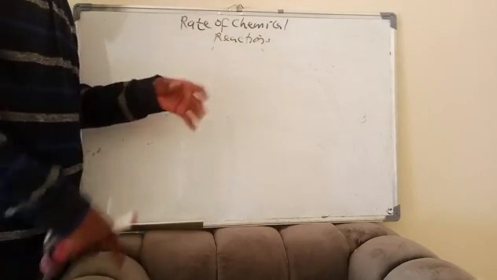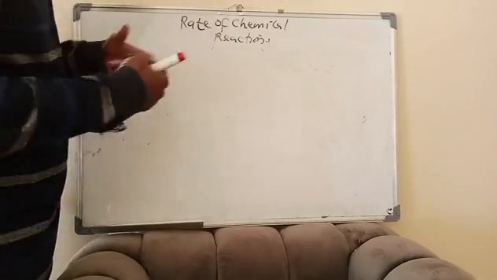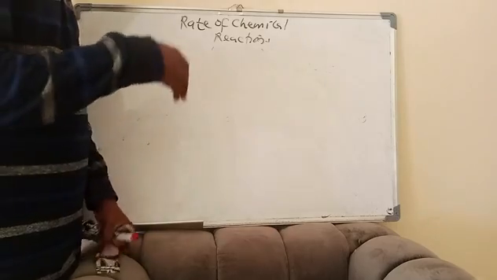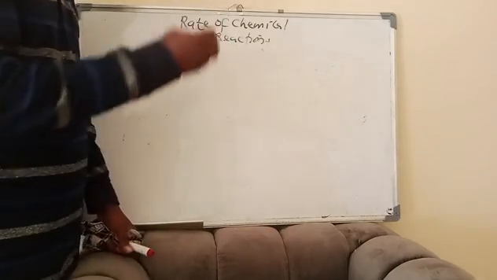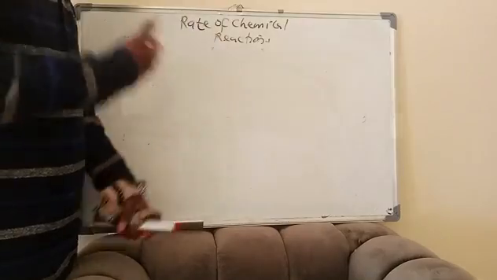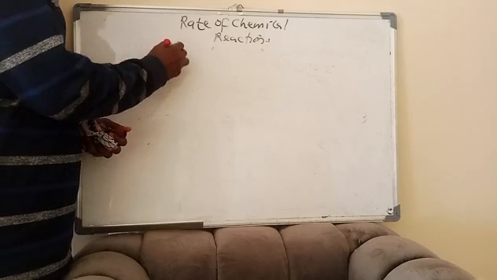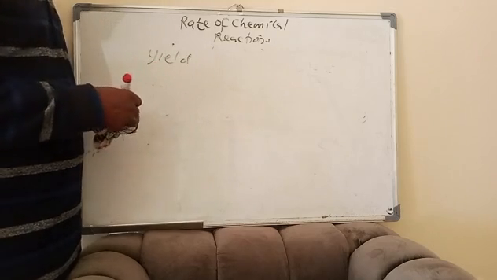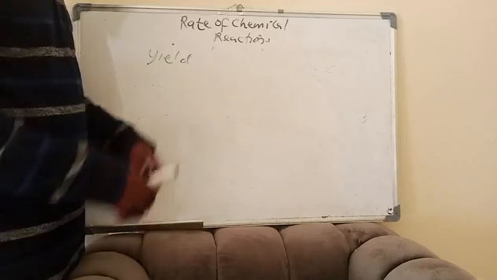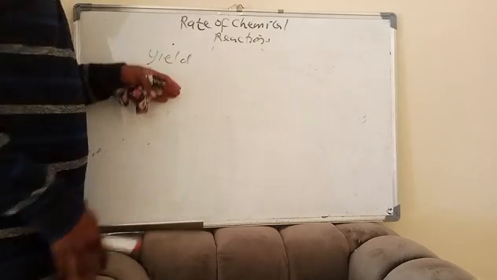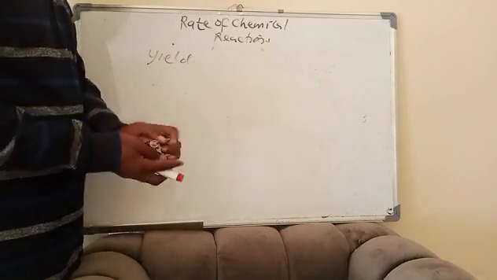The target of an industrial chemist is to produce a certain product, and he has a target quantity of what we call yield. He's looking at the yield of the reaction, how much he wants to produce per unit time. So he's interested in that.